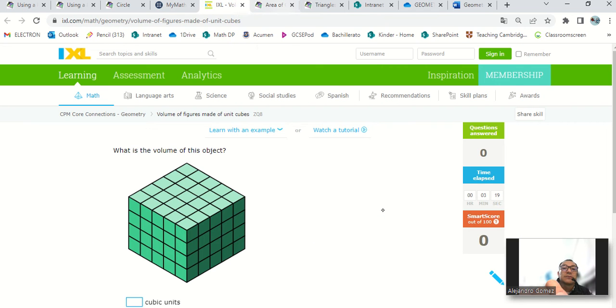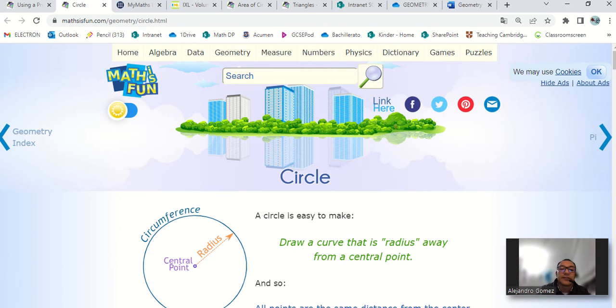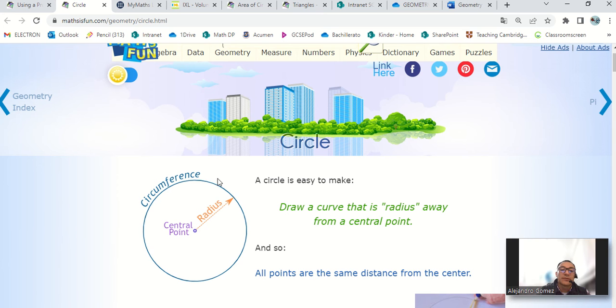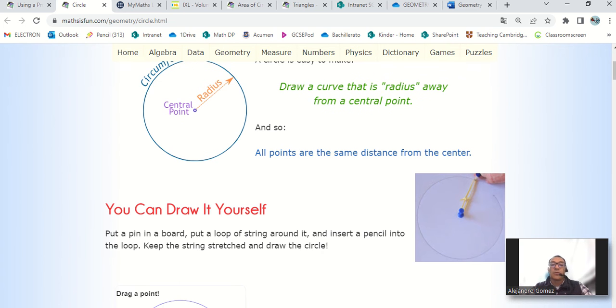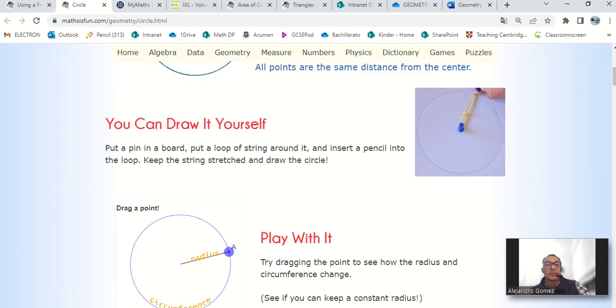I should close what I am not using. Okay, this one is about the circle. And it says this is the radius, and check this: the distance around the circle itself is the circumference. And now we have the radius, and so on. They show you how to draw the circle.